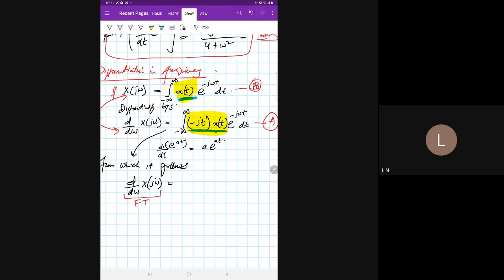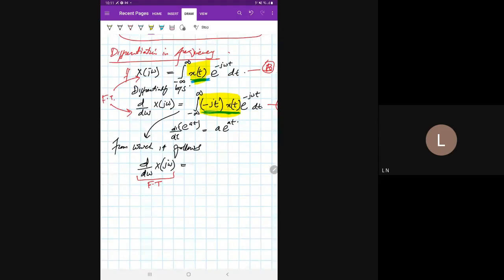Therefore, we can say if we take the Fourier transform of minus j t x of t, we will have d by d omega of X of j omega.